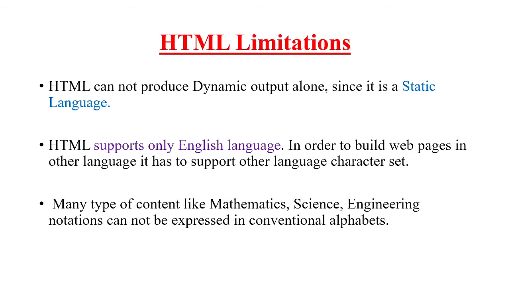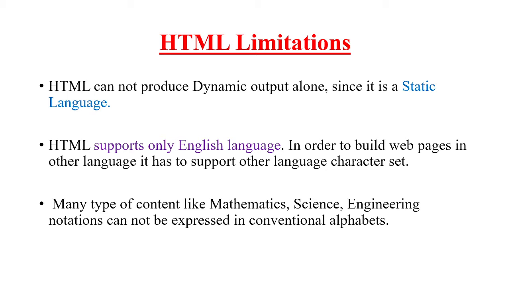Now we move to HTML limitations. As we said, initially HTML was created to develop static web pages, and hence we call this language a static language. HTML cannot produce a dynamic output alone. The second limitation is that HTML supports only the English language.